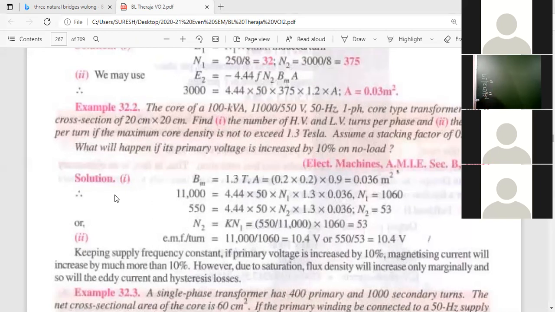You can take any formula, we will get the same value, the EMF per turn. This is the second bit, EMF per turn.